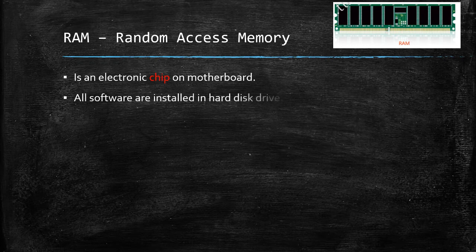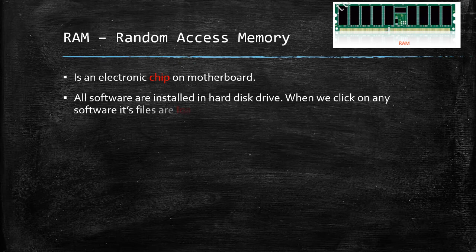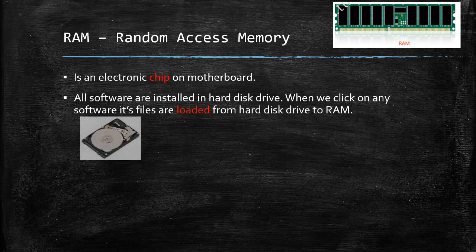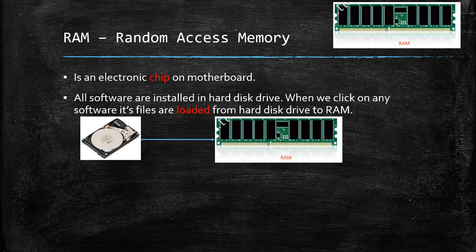And when we click on any software, its files are loaded from the hard disk drive to RAM. So RAM will consist of the corresponding programs which are currently under execution. Whatever we are performing right now, the corresponding files will be inside the RAM.